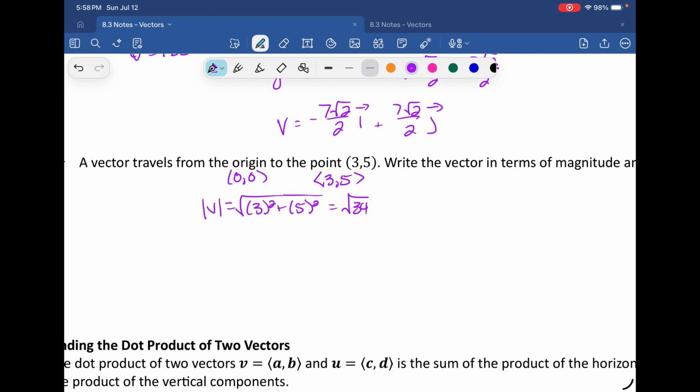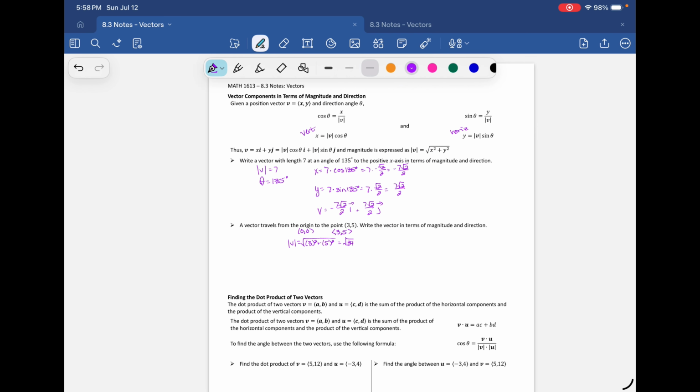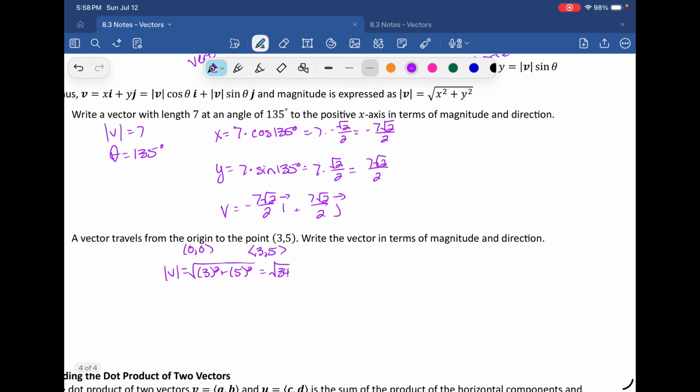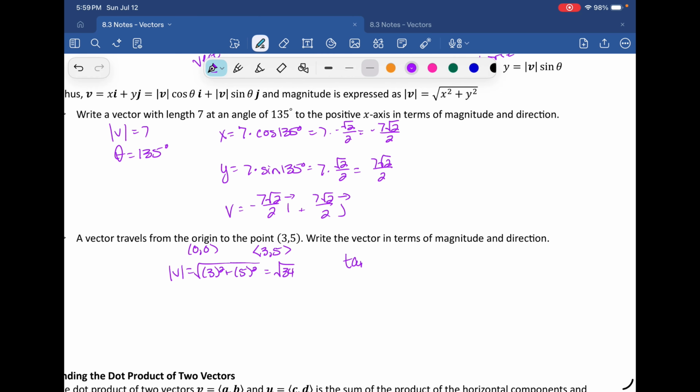And we're going to get the direction, and I can use either thing on this. Either way, we can find that angle. I think there's a different way to do it. I don't know if you could use tangent. Inverse tangent of the absolute value of y over x. We're going to try it.